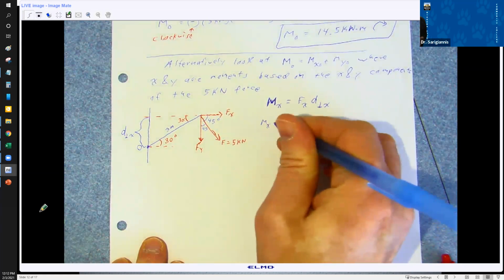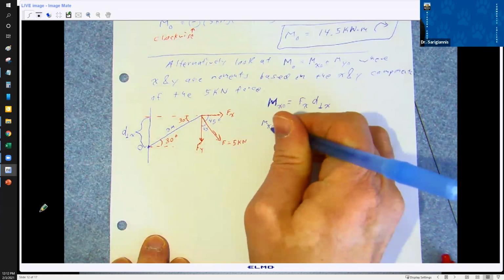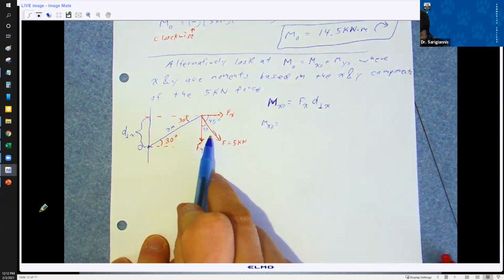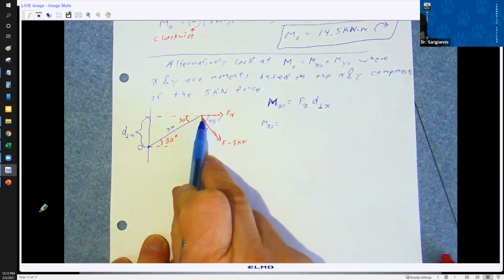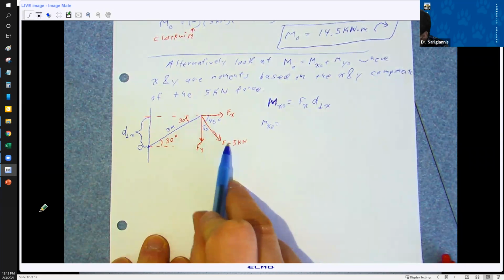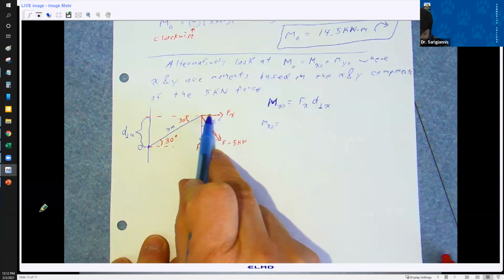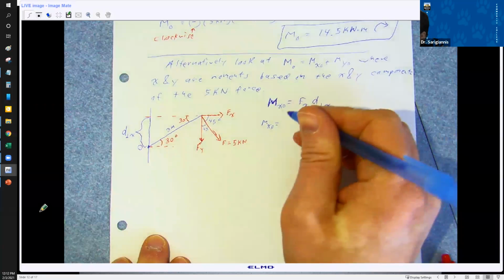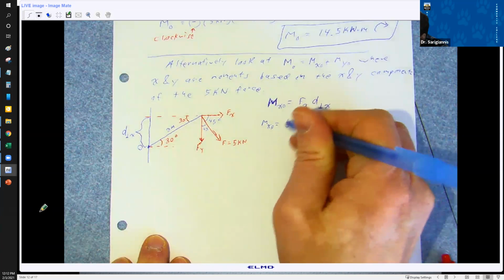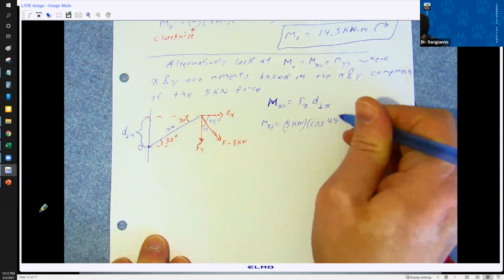Now, geometrically, let's write this out. The moment about the origin due to the X component is equal to the X component of force. Well, what is that? That is the force, 5 kilonewtons, times, here's an angle of 45, the adjacent is cosine, so 5 kilonewtons times cosine 45.